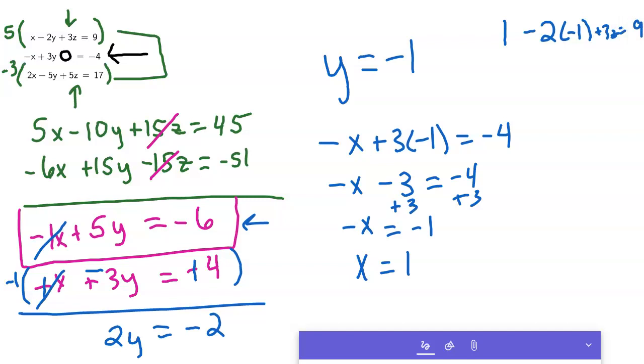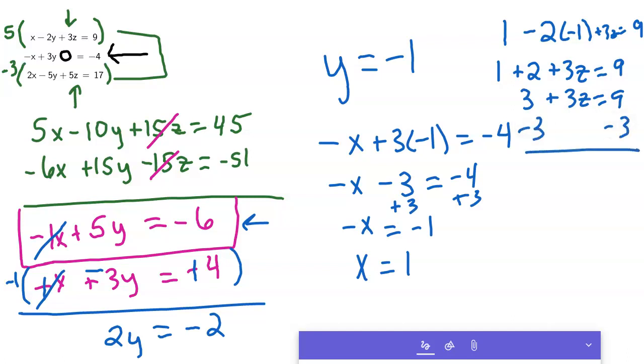And so that would be 1 plus 2 plus 3z equals 9. That'd be 3 plus 3z equals 9. Subtract that 3 over. And 3z equals 6. So that means z is 2. And so we have our solution, which is 1, negative 1, and 2.